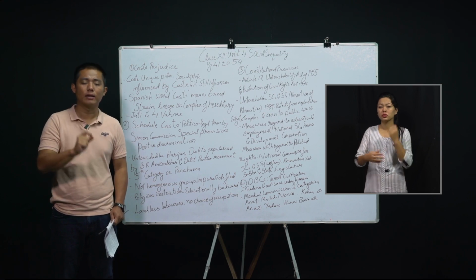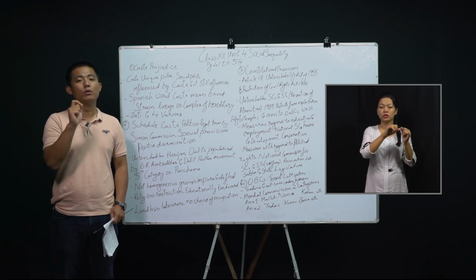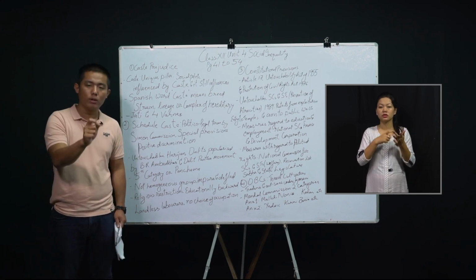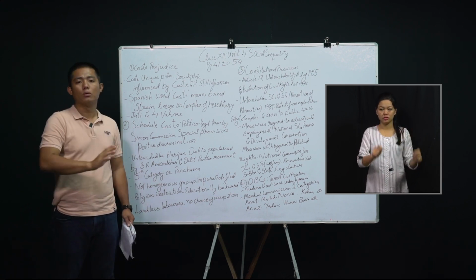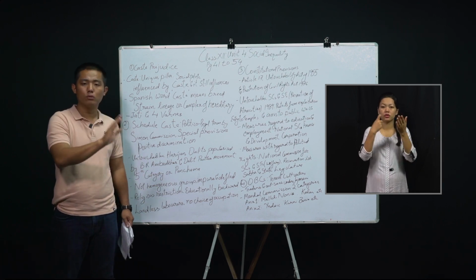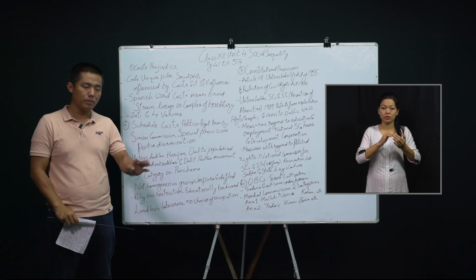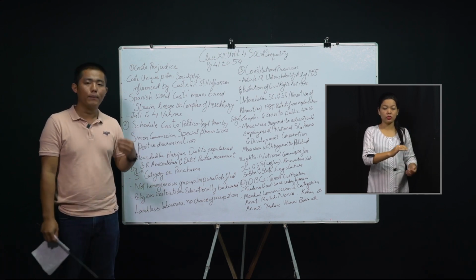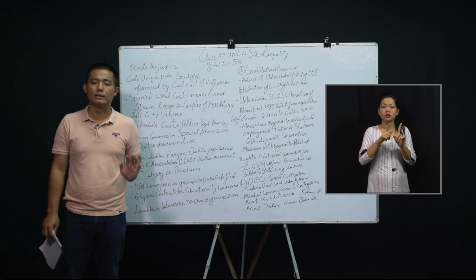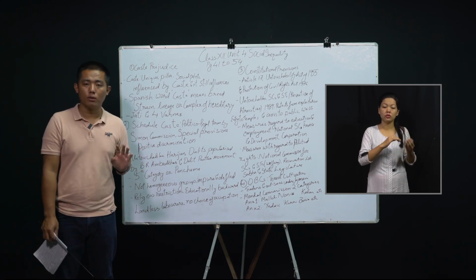Your status is based on your birth. Your occupation is based on your birth. If you are born a Brahmin, you belong to the priestly class, so by any means you have to do that. Kshatriya, you belong to the ruling class, so whenever you are born, your occupation is finalized. It is inborn in you.